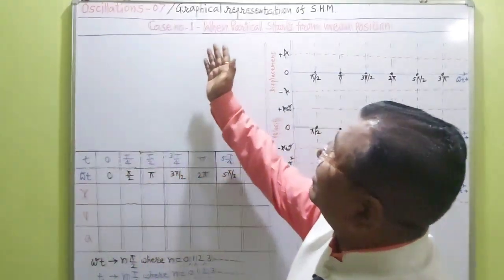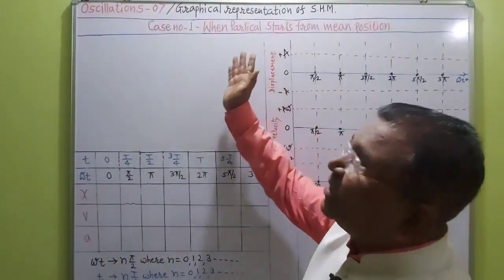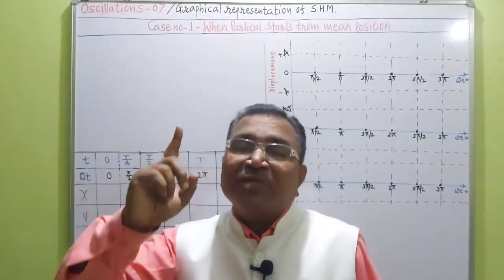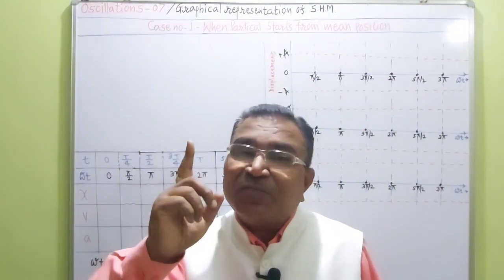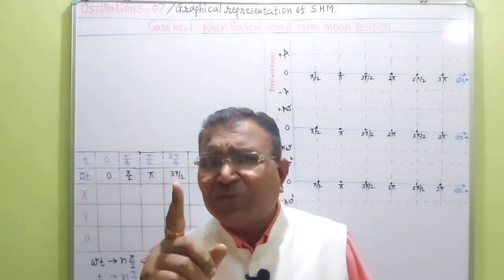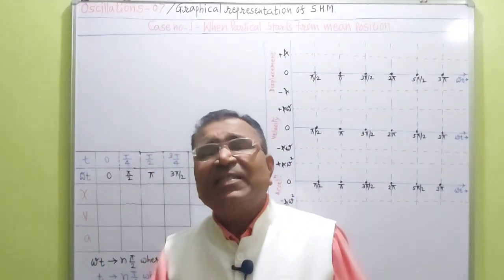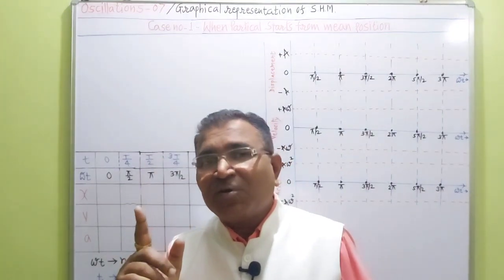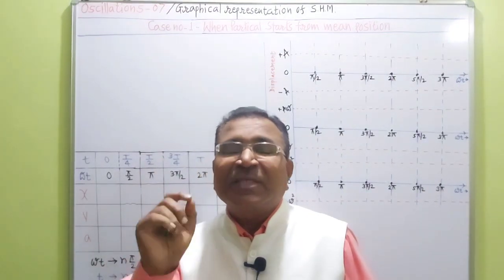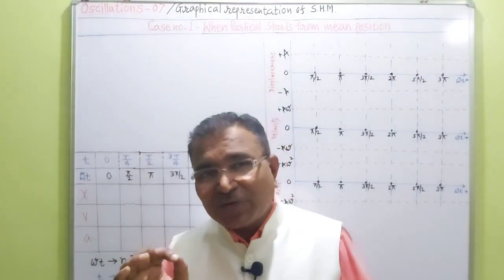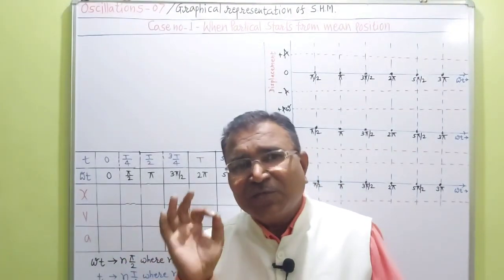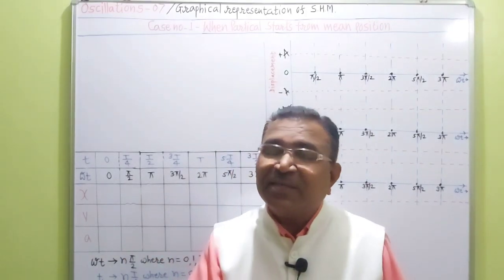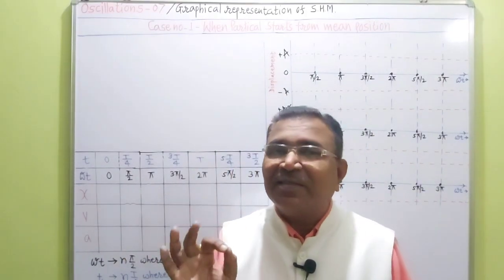When the particle starts from the mean position, we know the initial phase angle phi is equal to 0. Remember well, this is the first condition. When the particle starts from the mean position, the initial phase angle, which we call the epoch, is equal to 0.